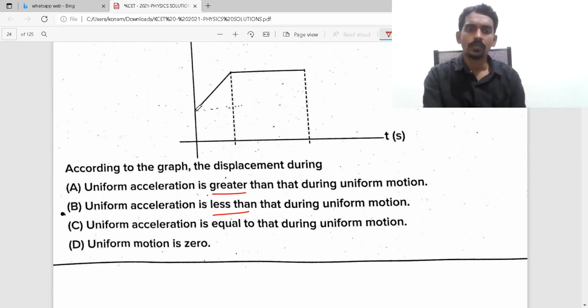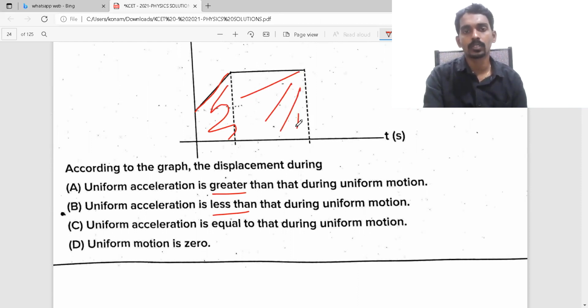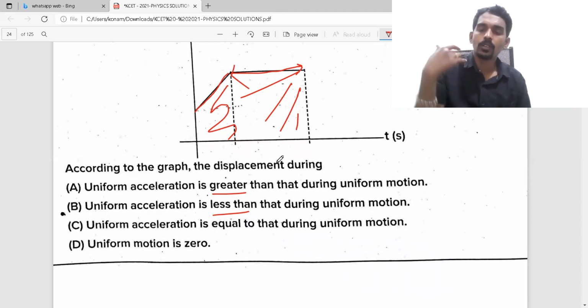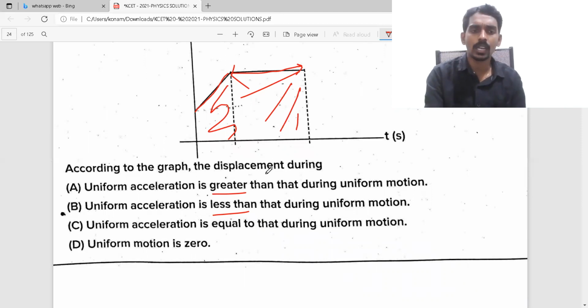Here, the velocity increases uniformly, so acceleration is constant, but the area below is only this much. This other region is the area for uniform motion, meaning a constant velocity duration. This is more area, meaning more displacement. So during constant velocity, the area below the graph is more, meaning displacement is more.